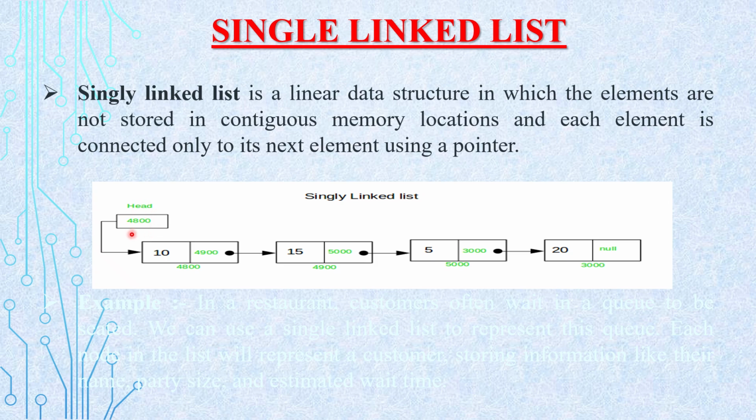Head contains the address 4800, and the next address is 4900, the next address is 5000, and the next address is 3000. 4800 contains the element 10, 4900 contains element 15, and 5000 contains 5, and the last node contains 20.